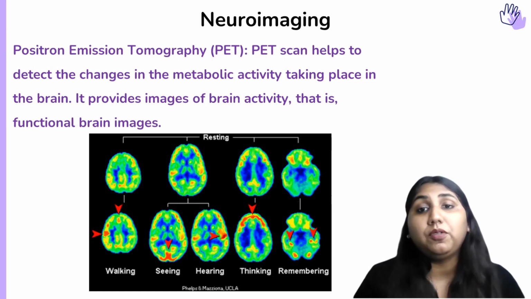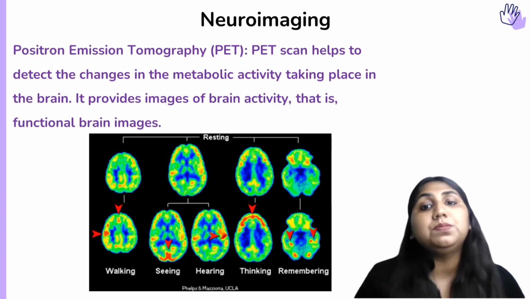It will not provide any structural information about the brain, but it does provide an image of brain activity, which is a functional brain image. But this is an invasive method where you would be given an injection of 2-DG, the 2-deoxyglucose technique we spoke about earlier, and whenever this is absorbed by the patient, then we do the check.